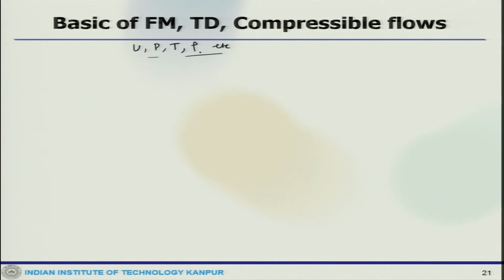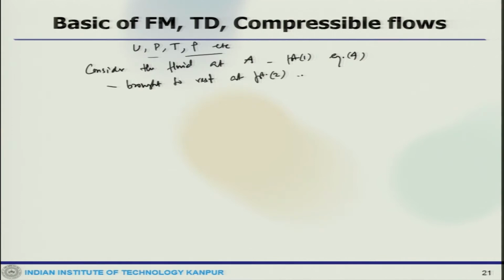Now, let us consider the fluid at A, which is point 1, equation 4, and this fluid is brought to rest isentropically at point 2.